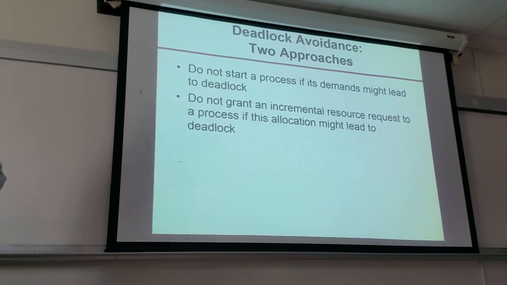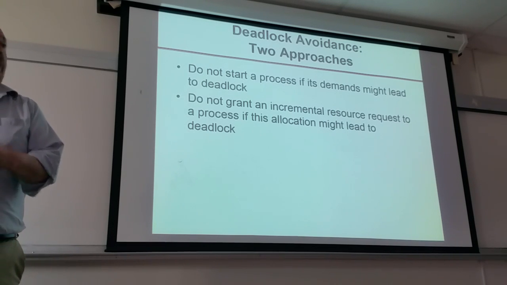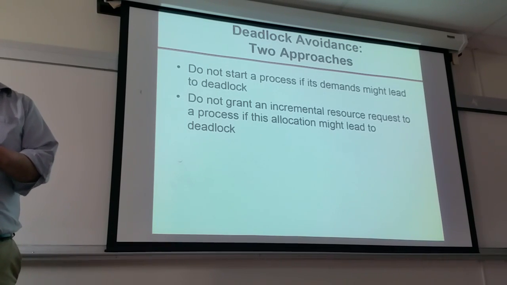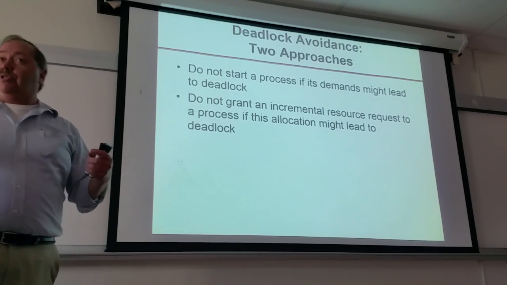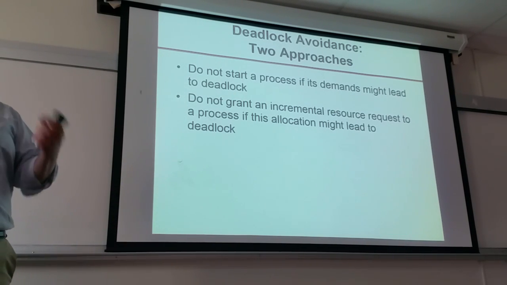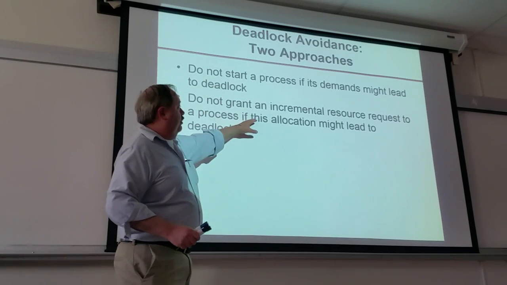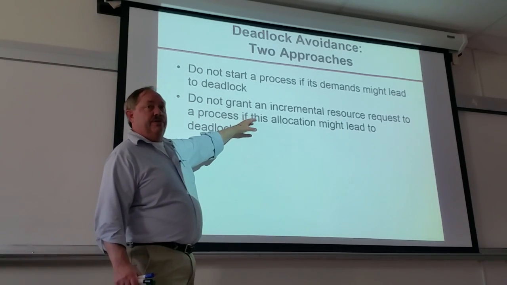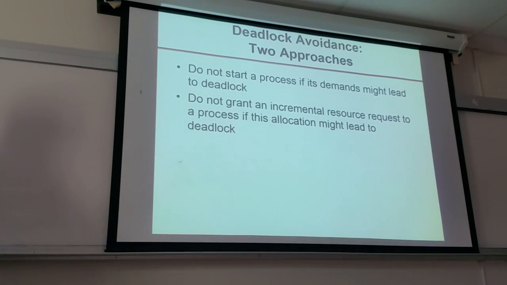Because while your process is running, other processes start running, and your future demands for resources, which at first might have been okay, may no longer be okay because other processes started grabbing some of those resources. So you'll have to check when you're starting your process, and check again when your process is making additional requests beyond its initial requests for these resources. Make sense?